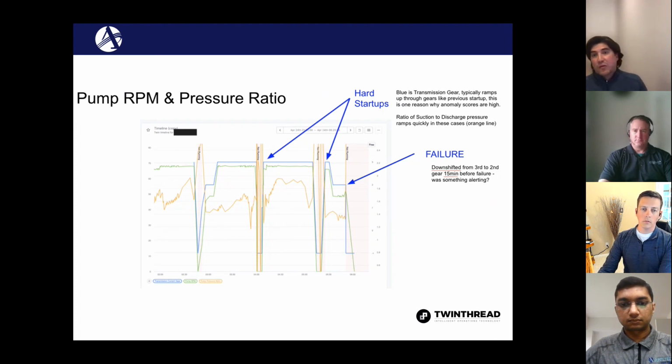So there are many ways of drilling into these visuals, and they're very advanced visual capabilities in TwinThread, but TwinThread is really meant to surface the most important information that a subject matter expert needs to make a decision and to create a workflow.